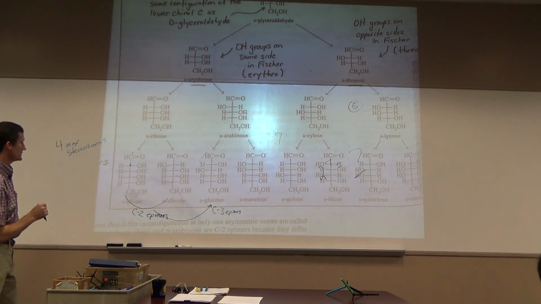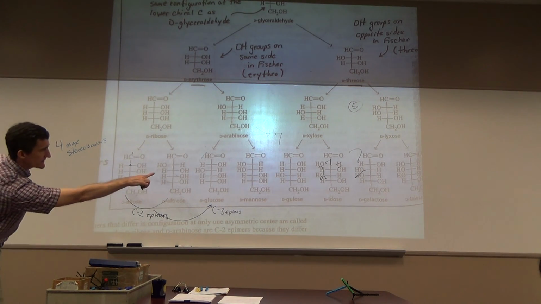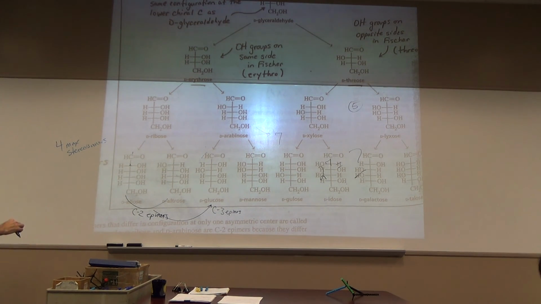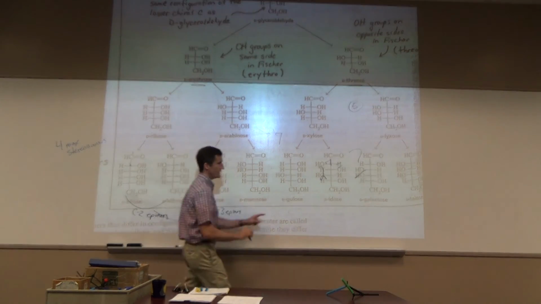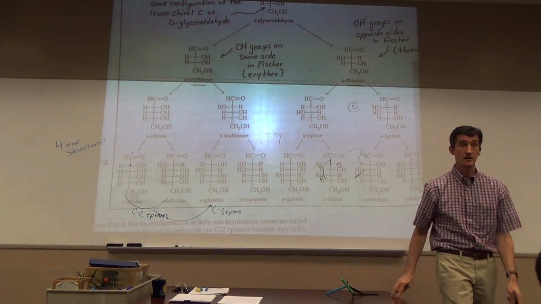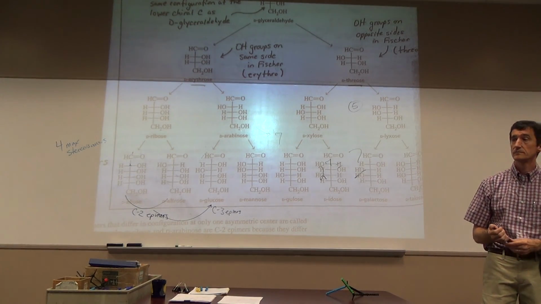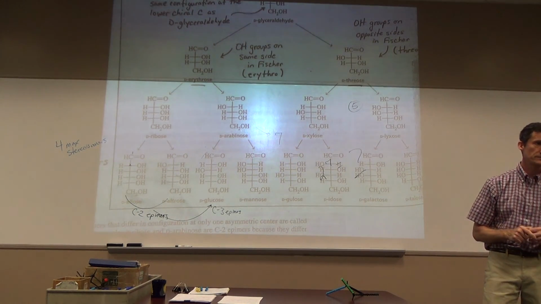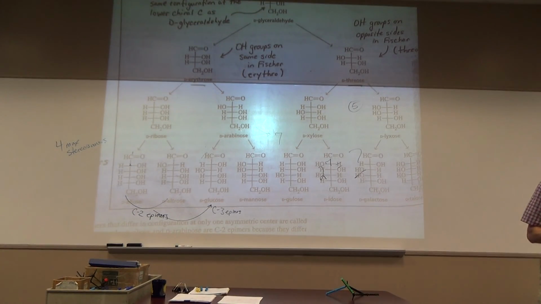Okay, let's look at this. Allose and galactose, are those epimers? No, because 2 things have changed. These are not epimers. But they are diastereomers.